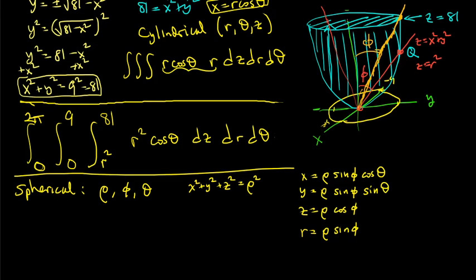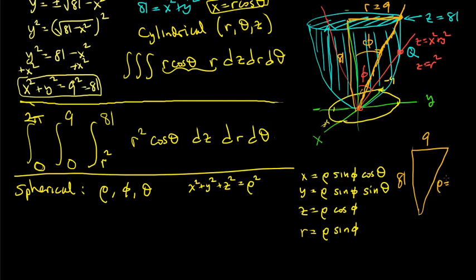Okay, so what is r? Little r is 9, and z is 81. This is getting a little confusing, so let me draw this triangle down here. This is 9, this is 81. And then you can calculate what rho is. I'll call it rho L for the limit.